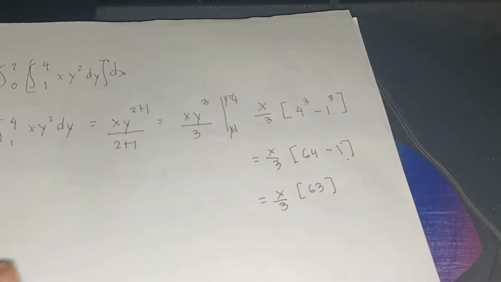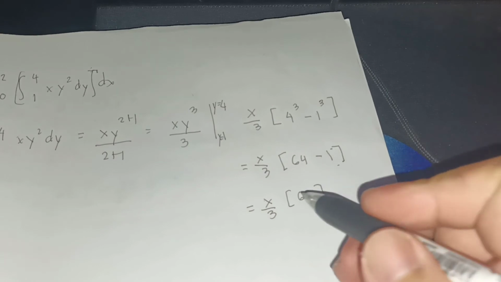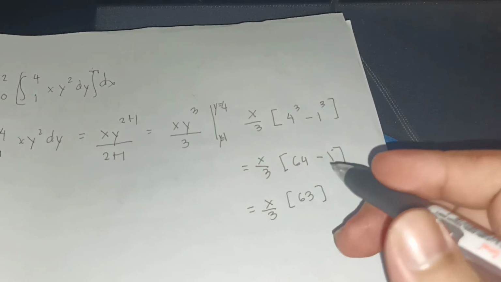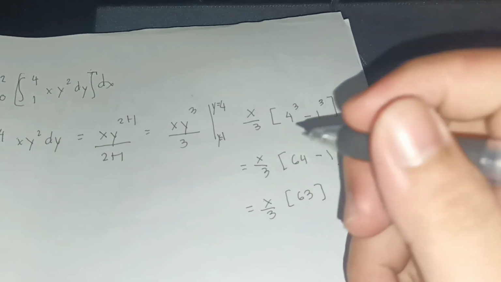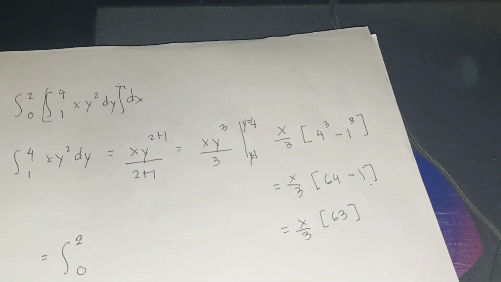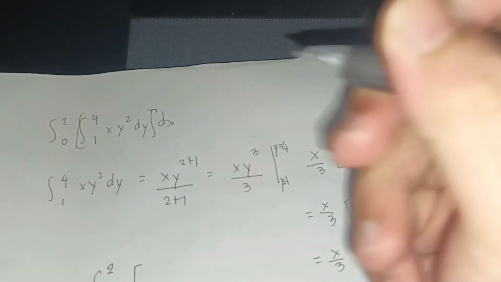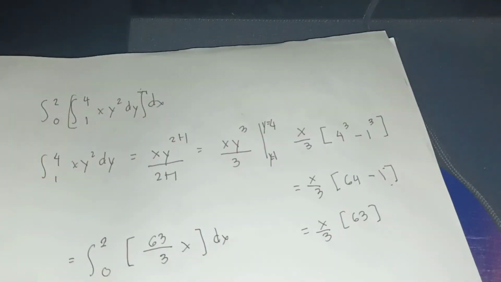Now that we already get it, we will multiply this to become 63 over 3x. And then what we will do now is place it here, equal to our second integral, or technically the first one, but we use the inner part, so this is the outer now. It will become the integral of 63 over 3x dx.